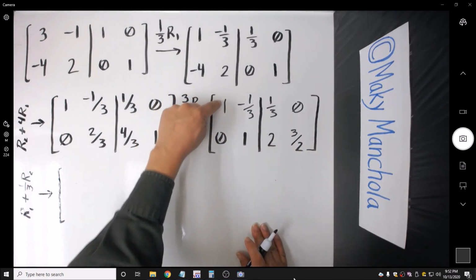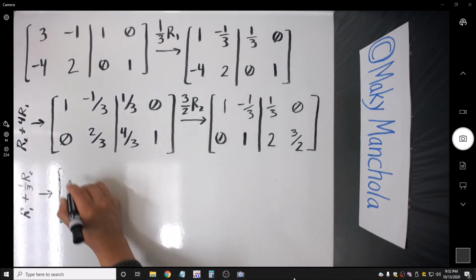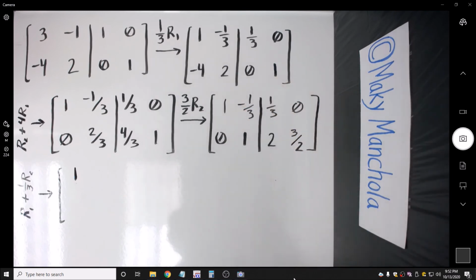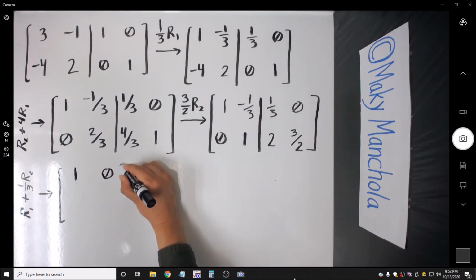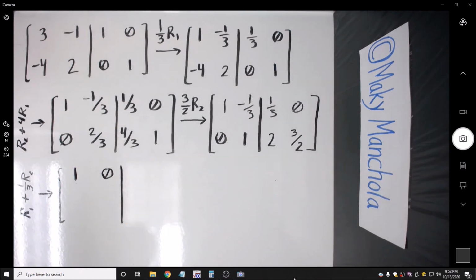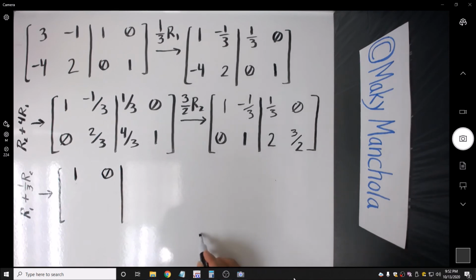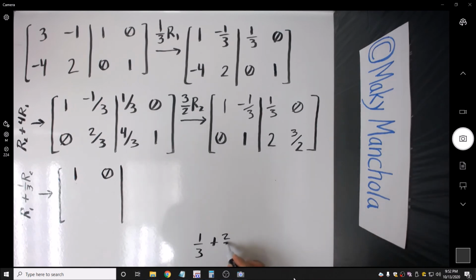So 1 plus 1/3 times 0 is still 1. Negative 1/3 plus 1/3 becomes 0. Mission accomplished. That's what we wanted. Now we have 1/3 plus 1/3 times 2, which is 2/3. 1/3 plus 2/3 is 1.